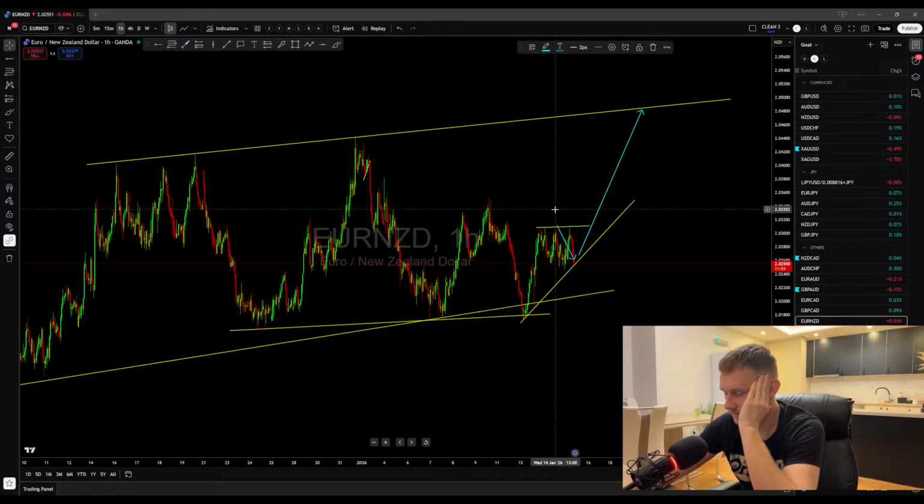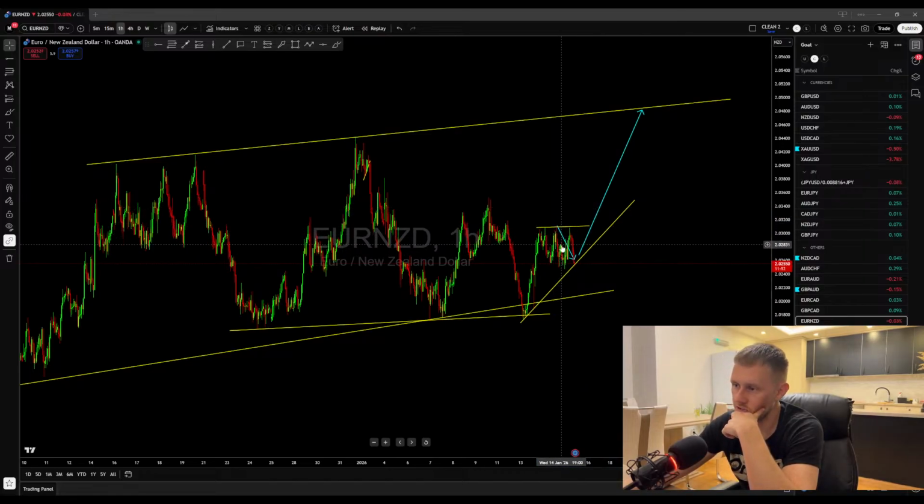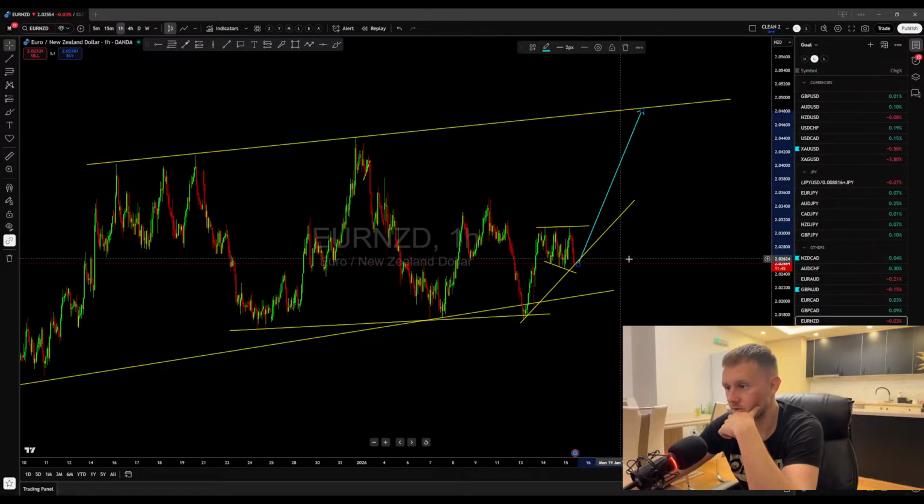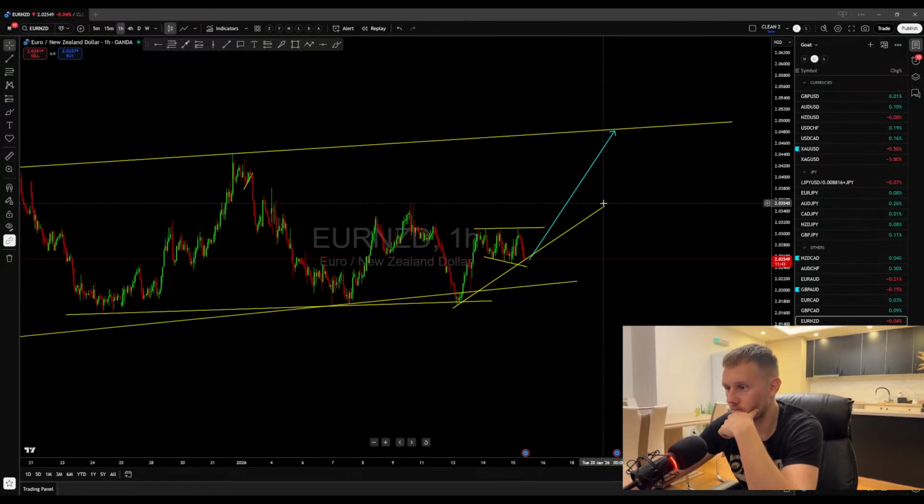It did perfectly, right? In the New York session yesterday, it anticipated a leg lower. It did what it did. Good job. Now we just have to see what this is about to do.